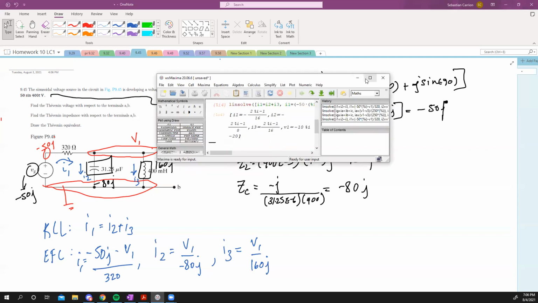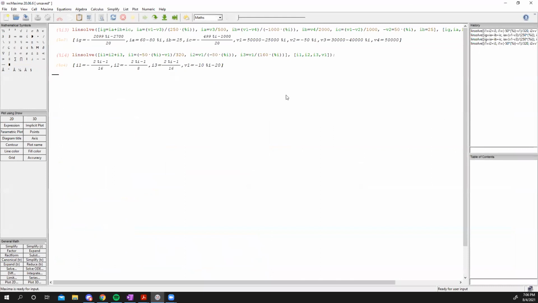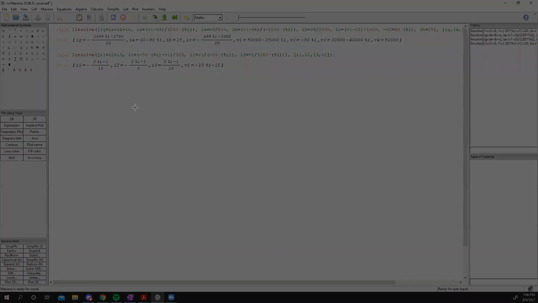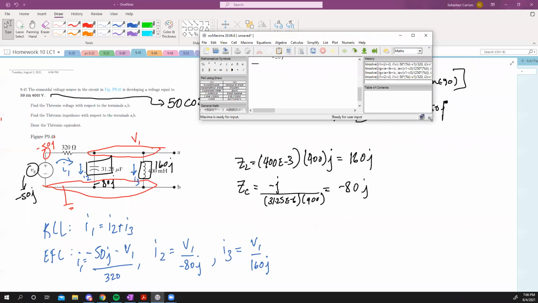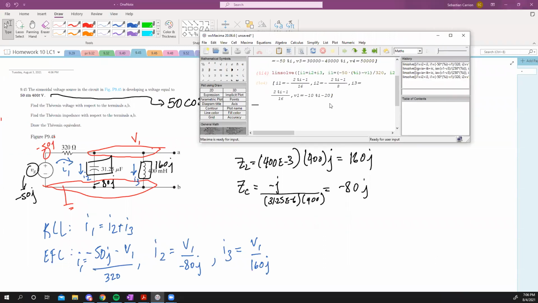Let's see. So yeah, our V Thevenin is essentially V1.